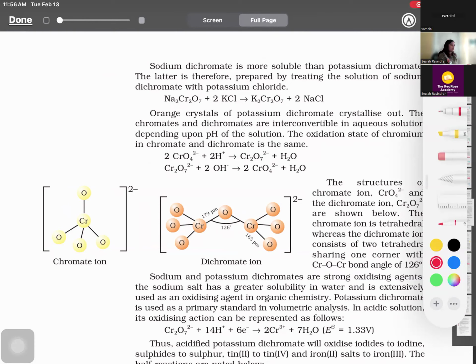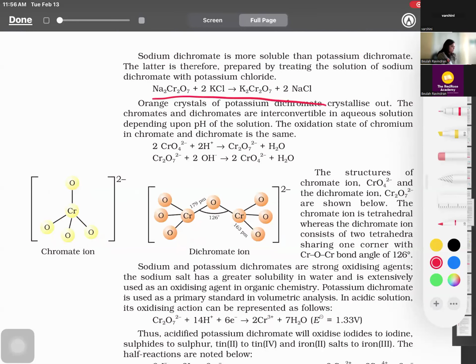So many preparations you have to learn. Sodium chromate, compared to that, is highly soluble. It is treated with KCl, then it gives potassium dichromate plus NaCl.